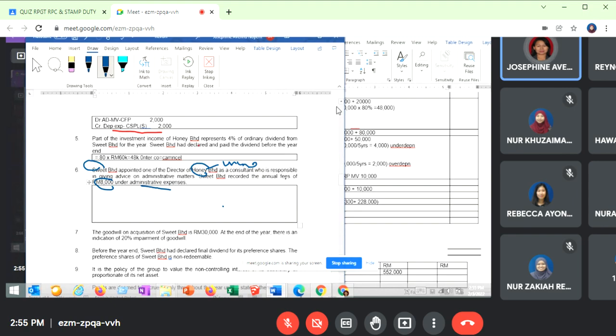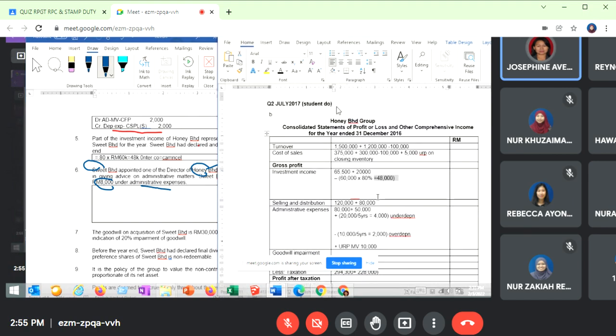Sweet recorded the annual fee under admin, but what about Honey? Honey has no record. It shouldn't fall under investment income.